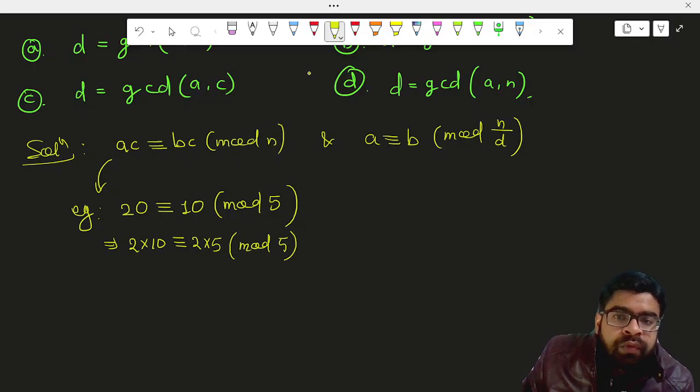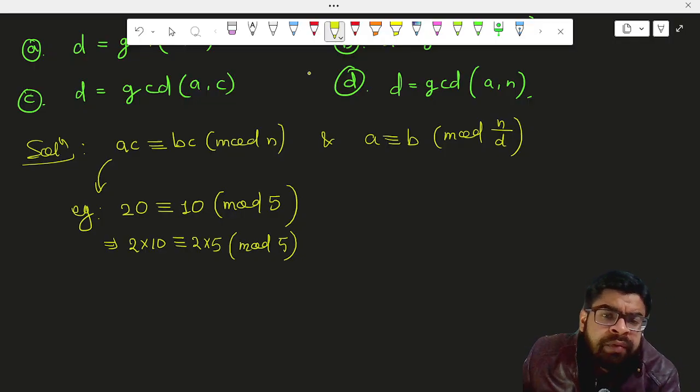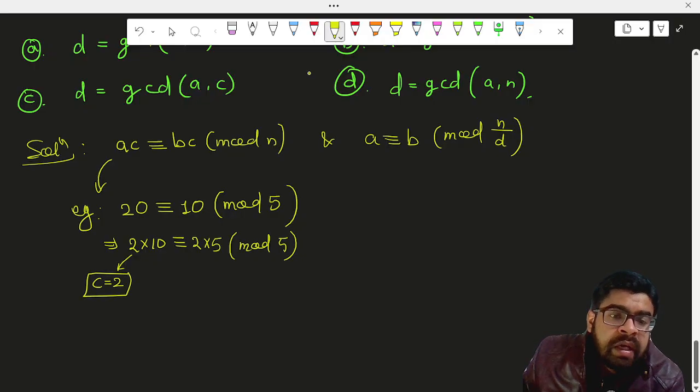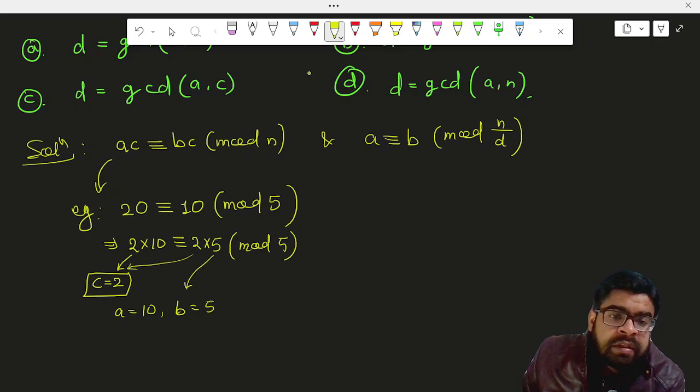So from here, if we take 2 as C, means C is nothing but 2, then my A is 10 and B is 5. This is our B and this is our C.